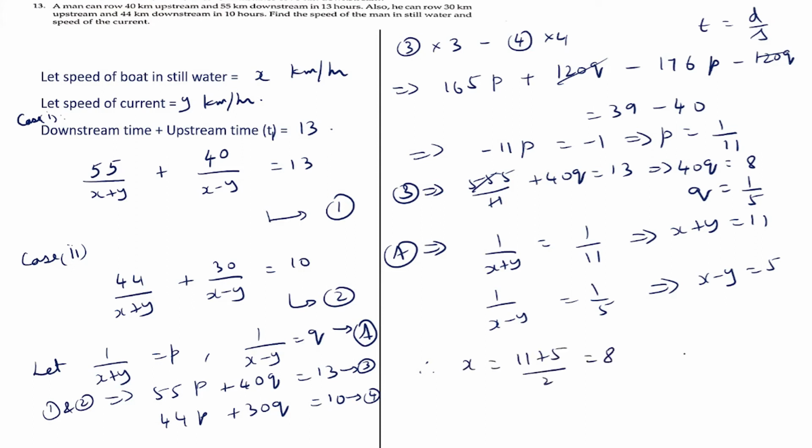It is 16 by 2, which is 8. And y is 11 minus 5 by 2. It is 6 by 2, which is 3. Therefore, x is equal to 8 km per hour and y is equal to 3 km per hour. So this is the speed of the boat in still water and this is the speed of the current.